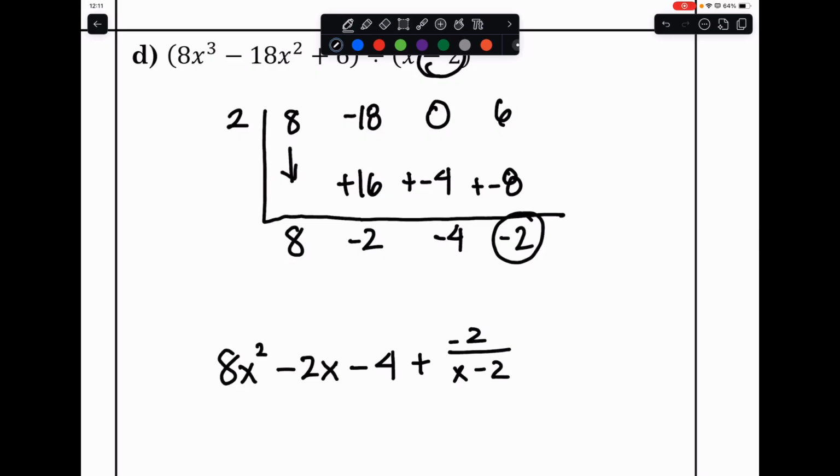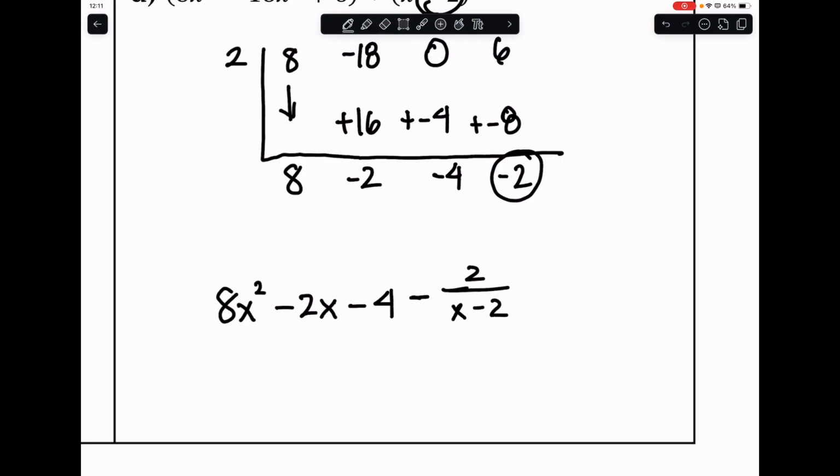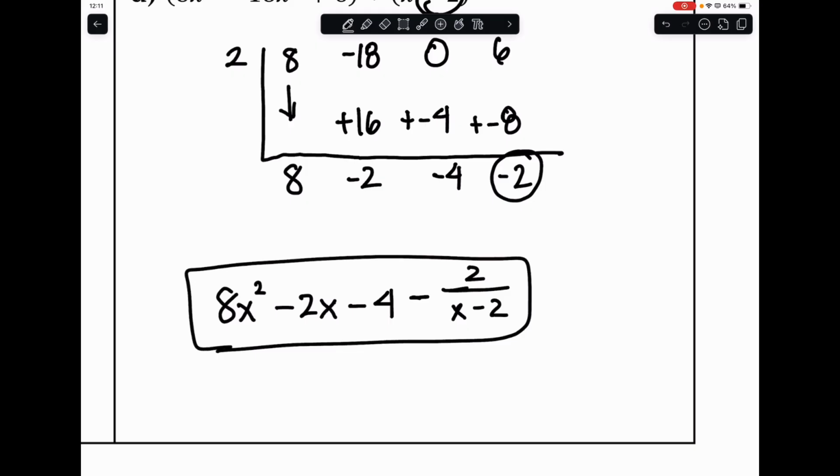Now another way of representing the remainder part, saying that we're adding a -2, we can also simply state that we're subtracting a +2. So we can also write it like this, compared to that. Adding a -2 is the same thing as subtracting a +2. So this is your quotient with your remainder.